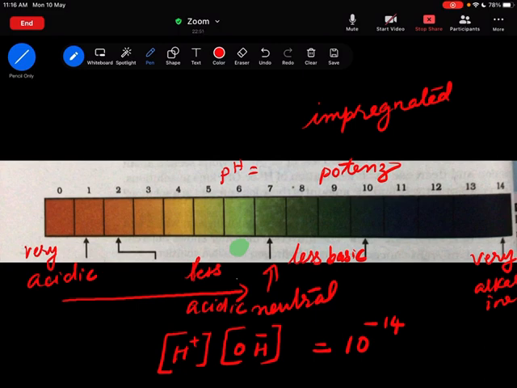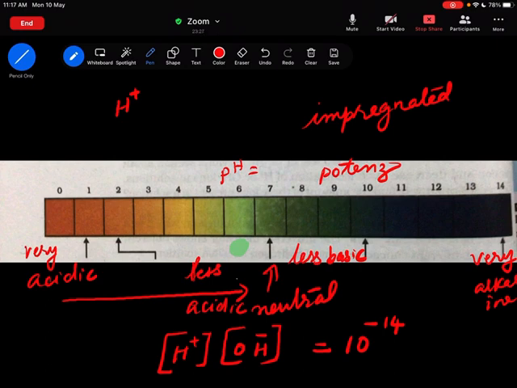If we take hydrochloric acid and acetic acid of the same concentration, the same number of HCl or the same number of acetic acid, CH3COOH, in a particular volume, then these produce different amounts of hydrogen ions.